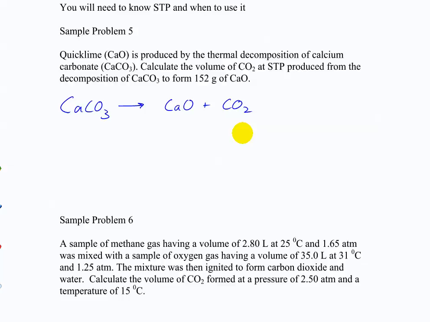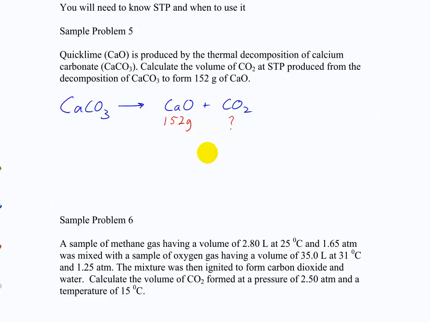Good. Okay. So now what do we know? We know the amount of calcium oxide produced. That's all we know, right? So maybe write that down. 152 grams. And we want to know the volume of carbon dioxide produced.